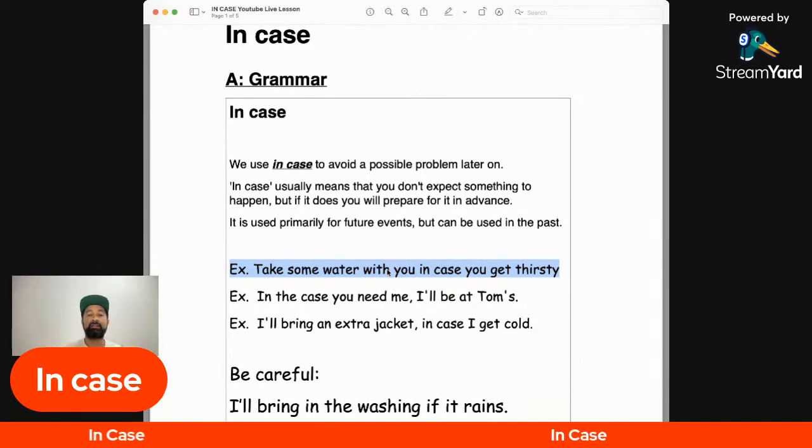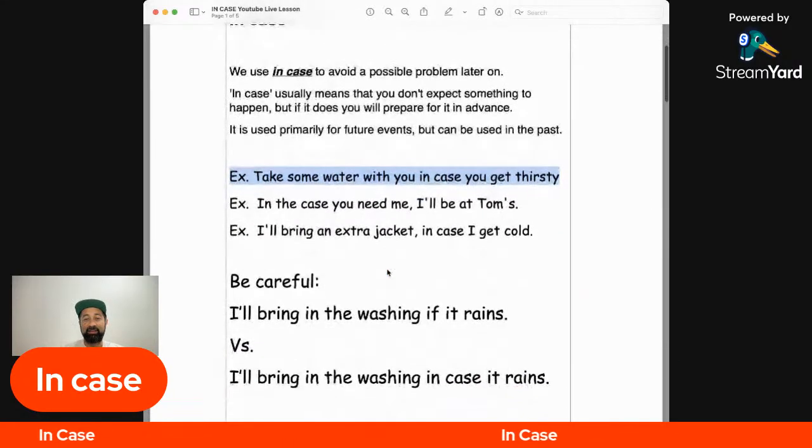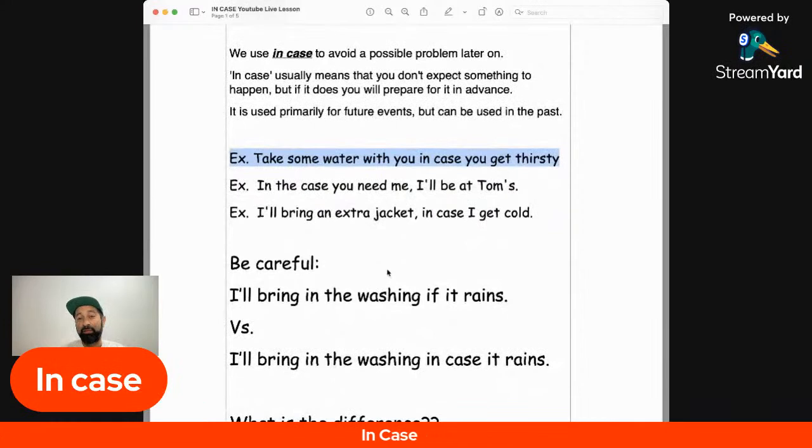Speak the sentence as I'm speaking. This will help your speaking speed. So I'm going to read it again, and I want you to read and speak along with me. Remember, I can hear everything. The sentence says, take some water with you in case you get thirsty.